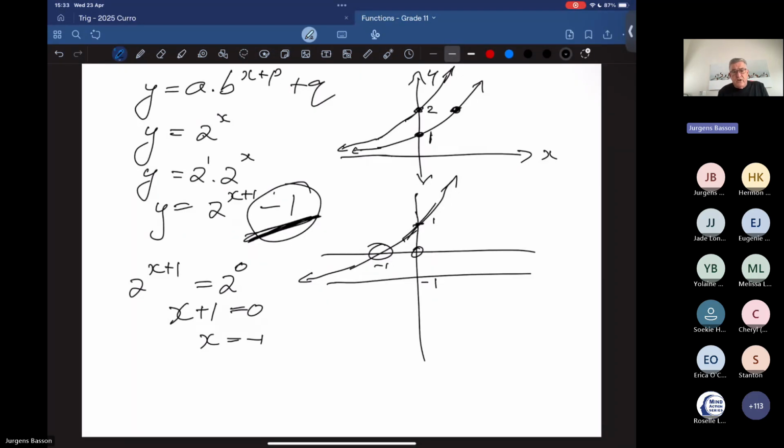We don't do it in the same way at school level, but I think it's good that learners know there are different groups of functions. We have the algebraic ones, that is the x to the n in terms of calculus, and that is y equal to x, y equal to x squared, y equal to 1 over x, that is x to the minus 1. So all those are algebraic, and then we have the exponential functions and logarithmic.